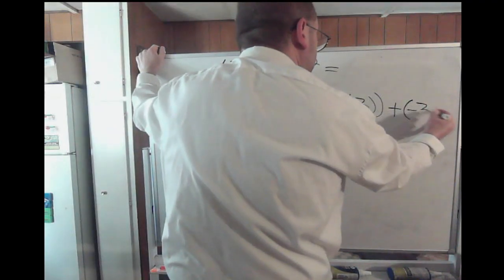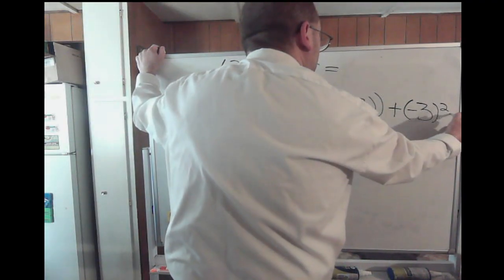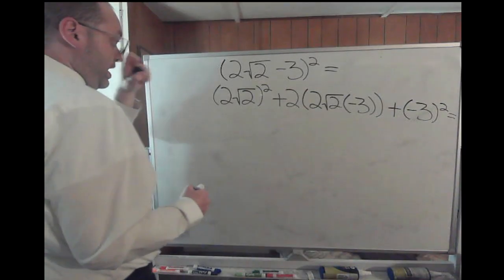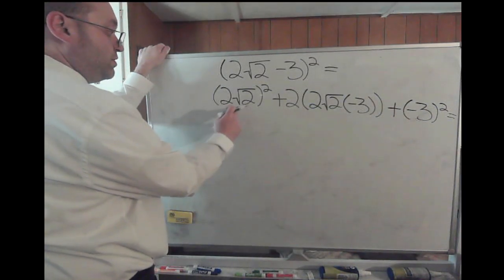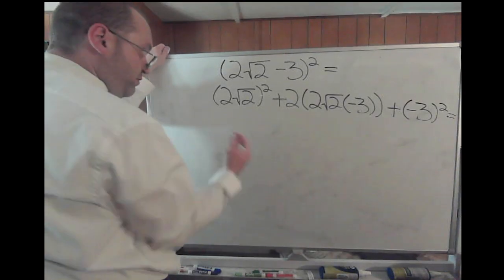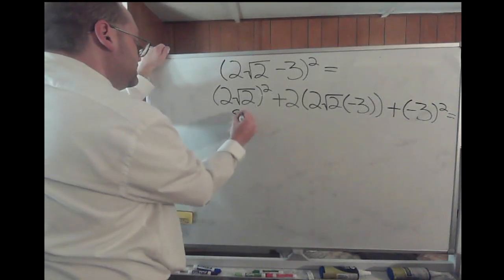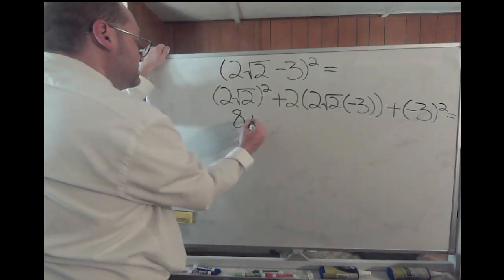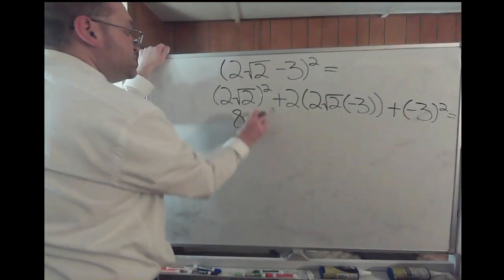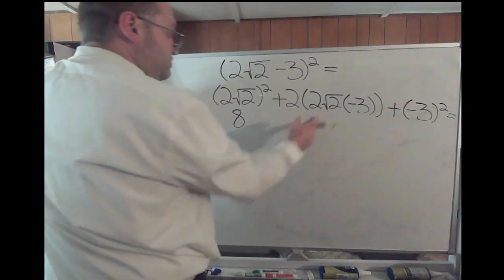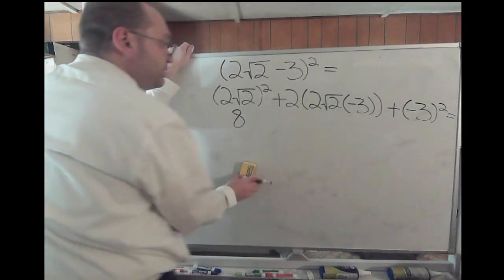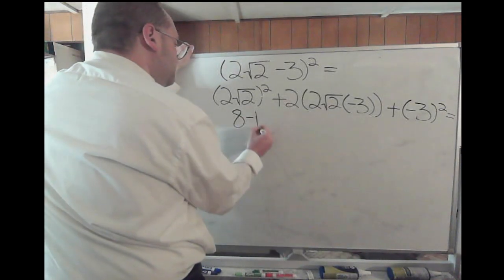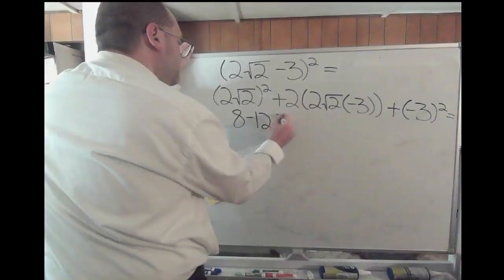You would add that. Well, alright, let's see, 2 to the second power is 4, so you'd have 4 times the square root of 2 squared. Well, 4 times 2, that's 8. You'd end up having 8. And then you have 2 times the square root of 2, that'd be 4 times the square root of 2, times negative 3, that'd be negative 12 times the square root of 2.